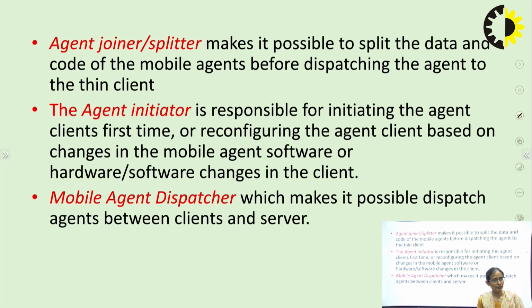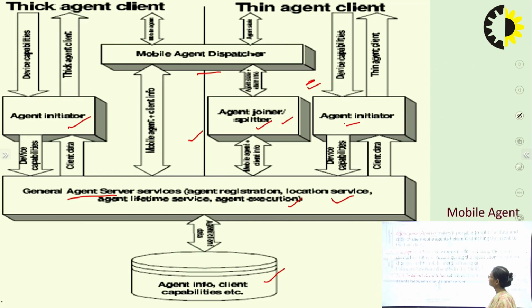The agent initiator is responsible for initiating the agent client the first time, or reconfiguring the agent client based on changes in the mobile agent software, or hardware and software changes in the client. The mobile agent dispatcher makes it possible to dispatch the agents between client and server.